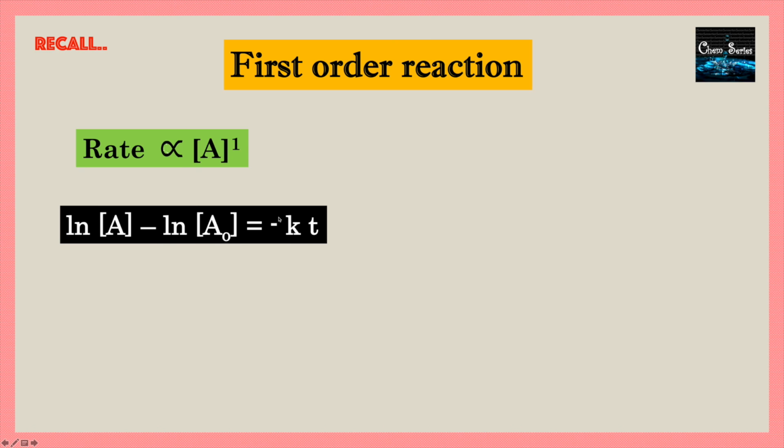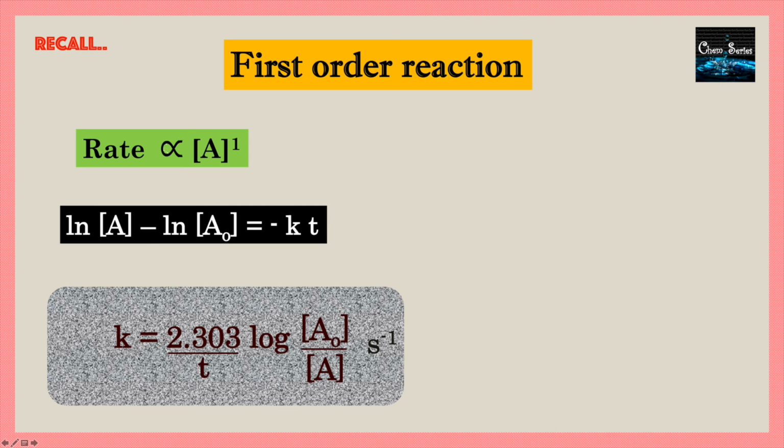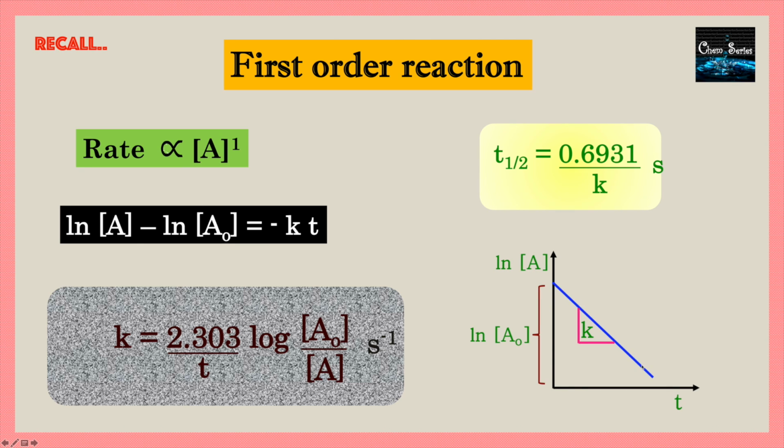And we modified this equation to a simpler rate constant equation, that is k is equal to 2.303 divided by t log A naught by A. The unit is second power minus 1. And we even solved the half-life of first order reaction, and we discussed the graph of first order reaction.